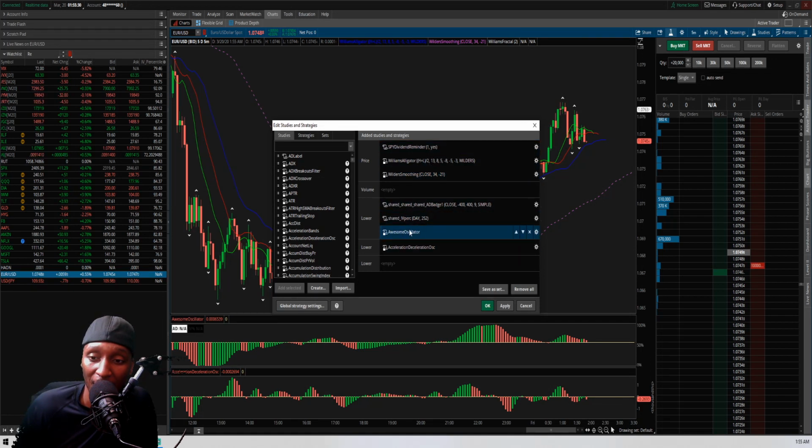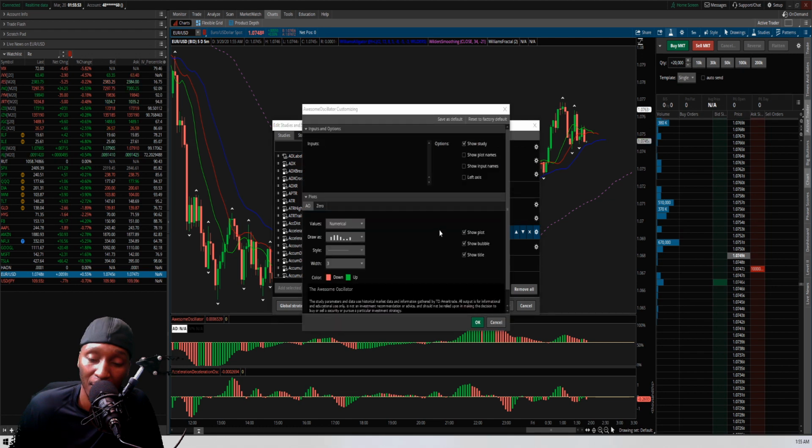If you click on the awesome oscillator and then on this little cog, let's see if it comes up. I don't want my system to start buffering. It isn't doing anything, which isn't good.